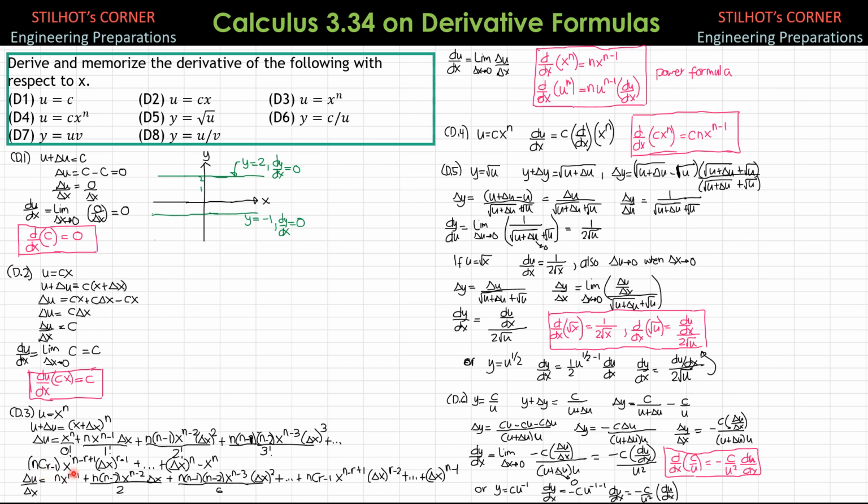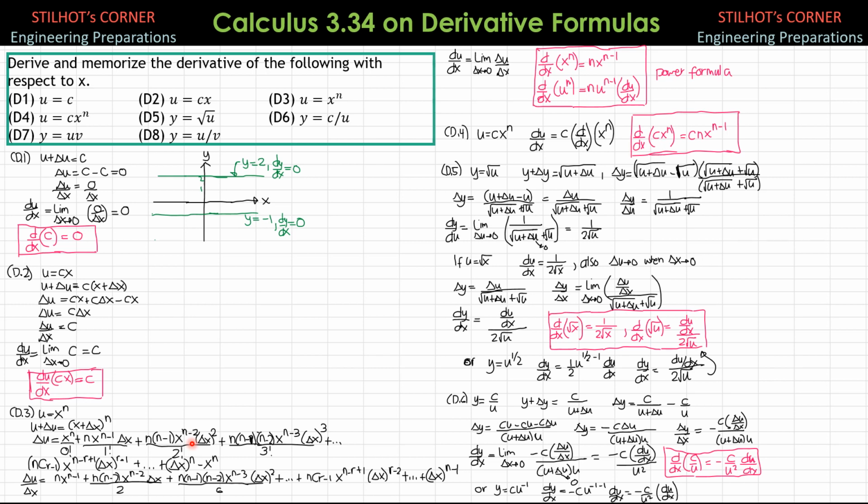Then x to the n minus r plus 1, because this is supposedly n minus quantity r minus 1. So if we simplify, n minus r plus 1. To check, for example, the third term has n minus 2, because n minus 2 is also n minus quantity 3, third term minus 1.